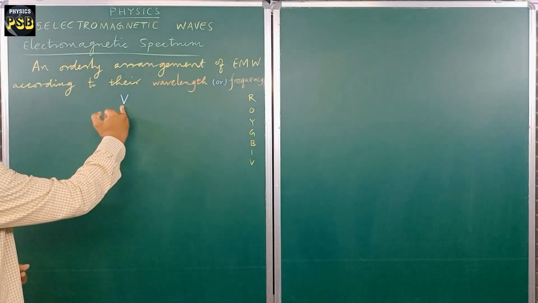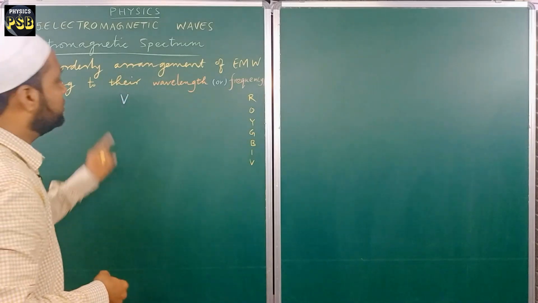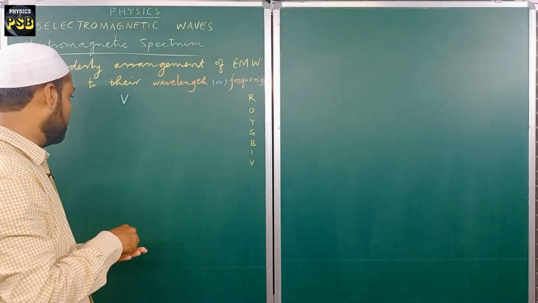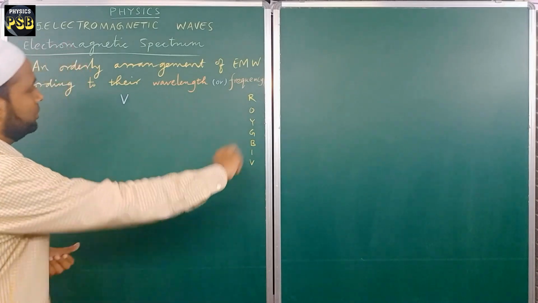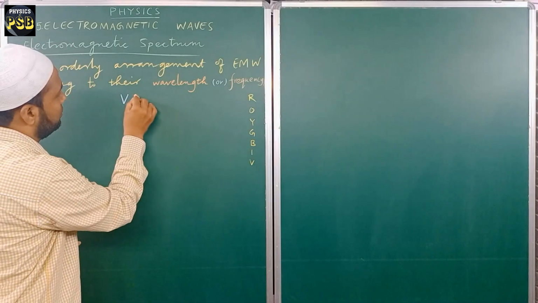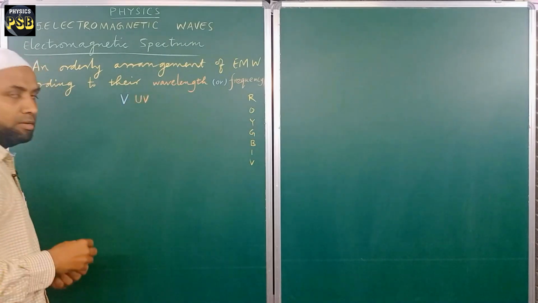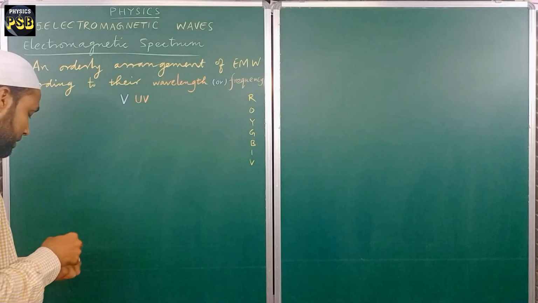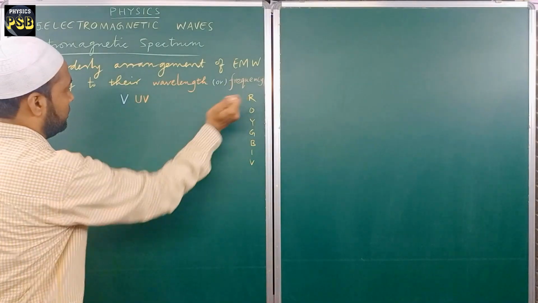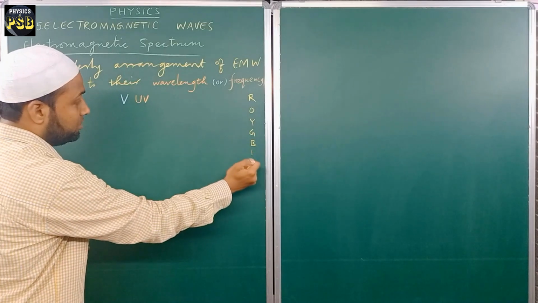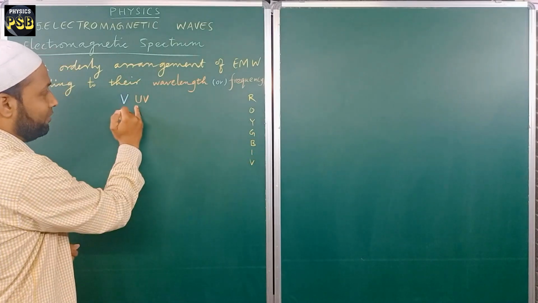Now, on the right side of visible light, I mention UV. It stands for ultraviolet. After violet, the thing which is relevant to violet is ultraviolet.